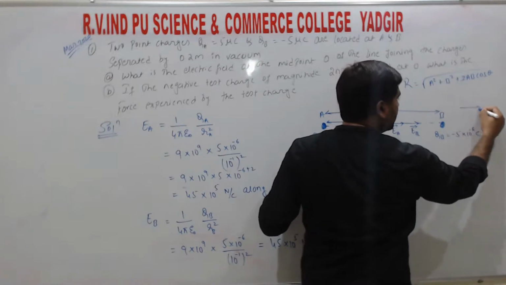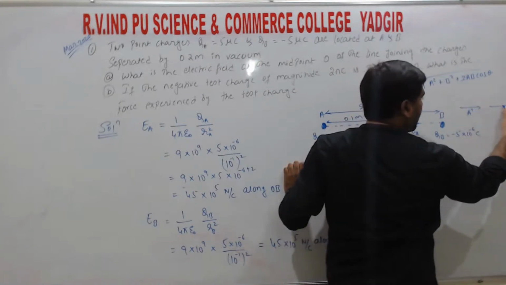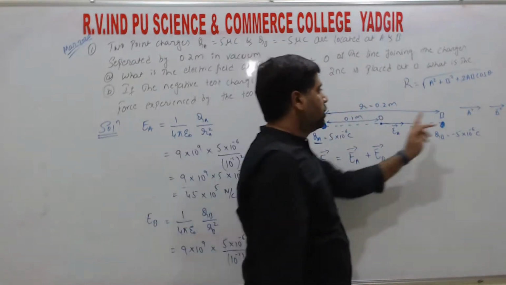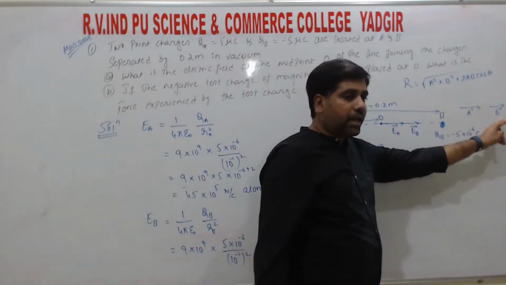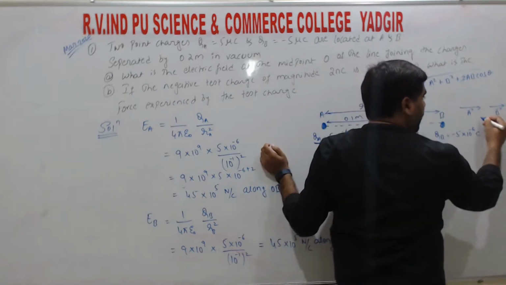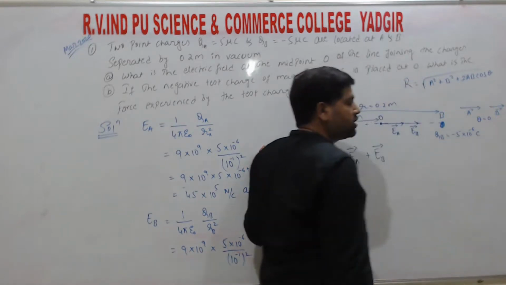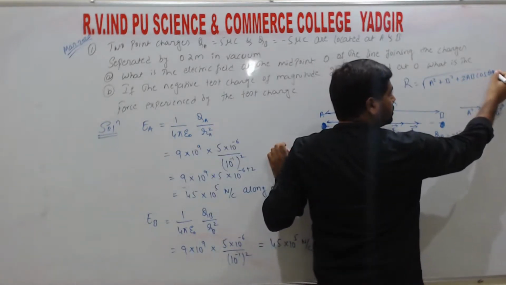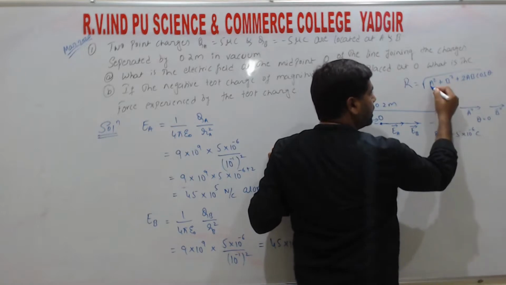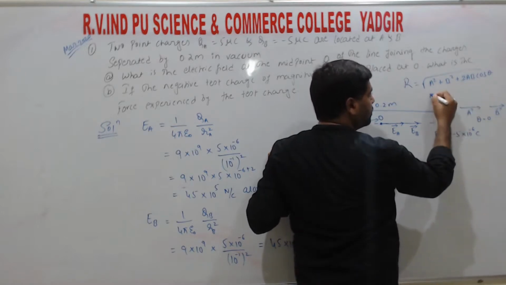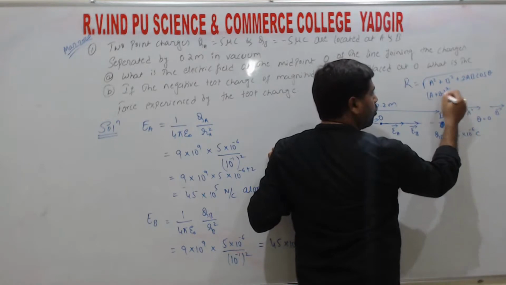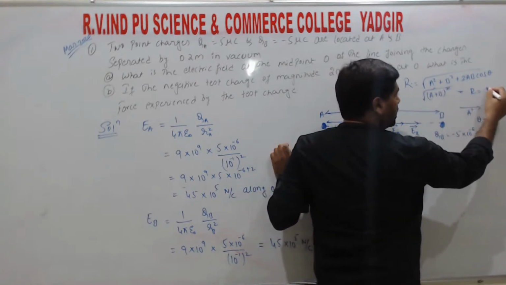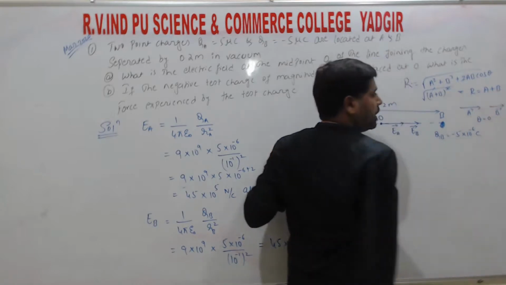If we have two vectors, vector A and vector B, and these two vectors are in the same direction, that means they are parallel, so the angle between them is 0. As theta is 0, cos 0 is 1. Then it is A square plus B square plus 2AB, which can be written as A plus B whole square, under the root. So square and square root get cancelled. Then the resultant R can be written as A plus B, right?